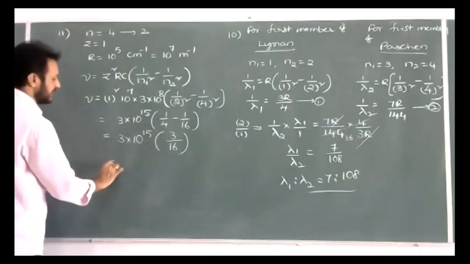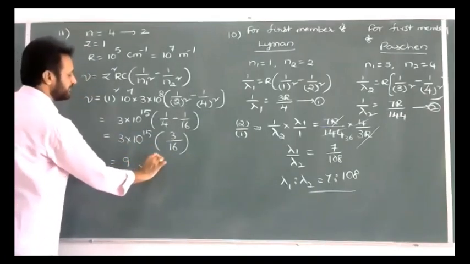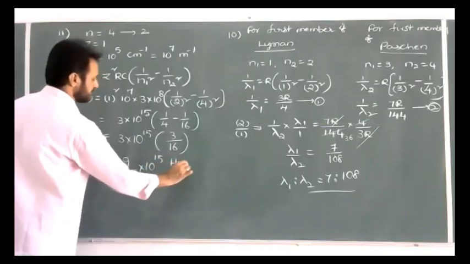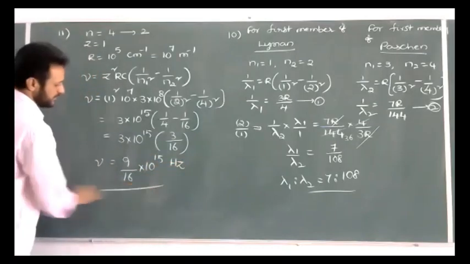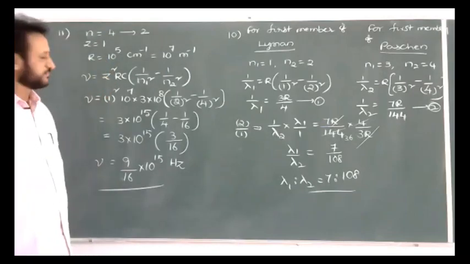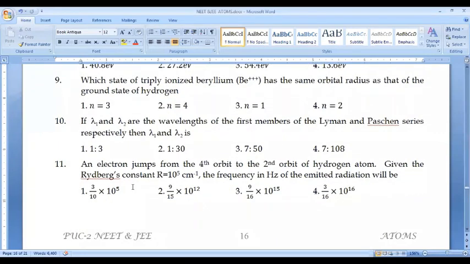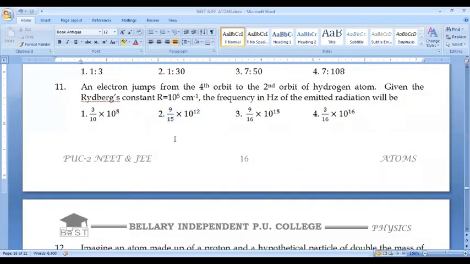Therefore 3 by 16 into 10 to the power of 15 hertz. So check the option: 9 by 16 into 10 to the power of 15. So the third option is correct. That is question number 11.